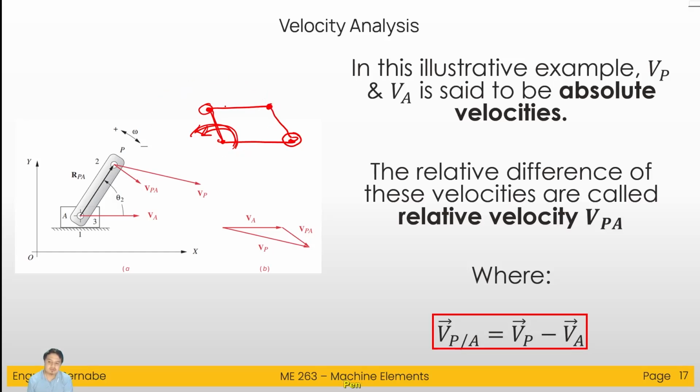It is also constrained by this rotation right here. So in other words, we need to find the relative velocities of this point so that we can pinpoint what the velocity of this point really is.